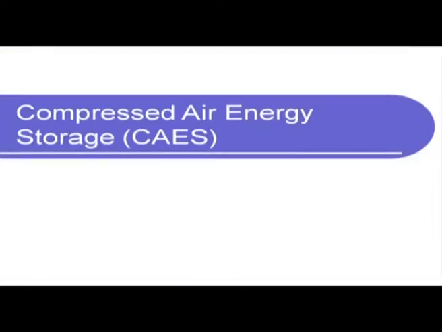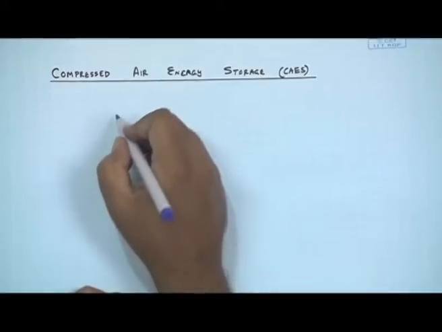So, let us look at compressed air energy storage, or maybe I should first give you a background of, probably all of you know, but it does not harm to recap something for gas turbines.